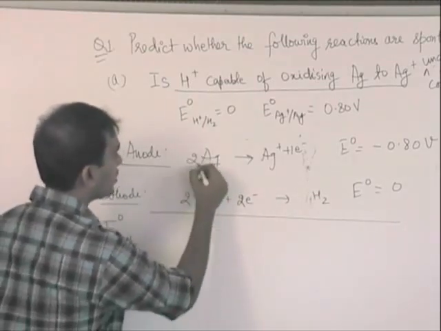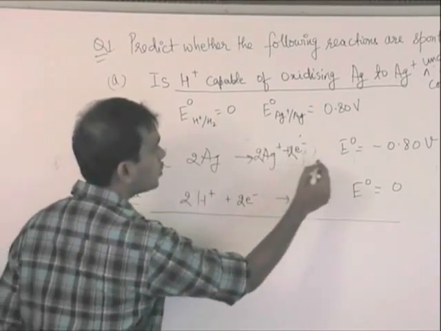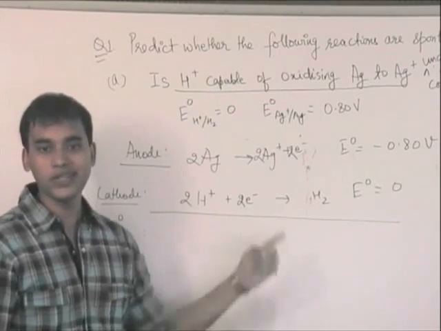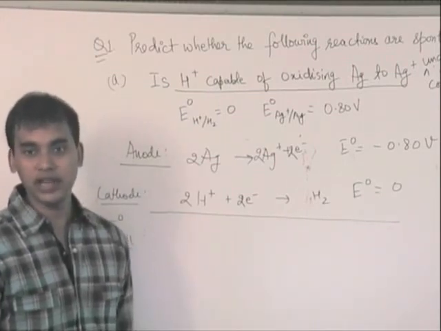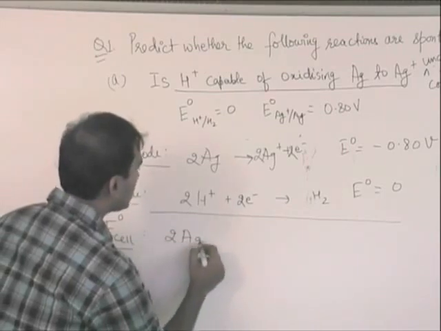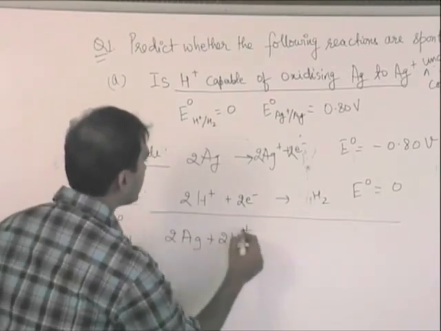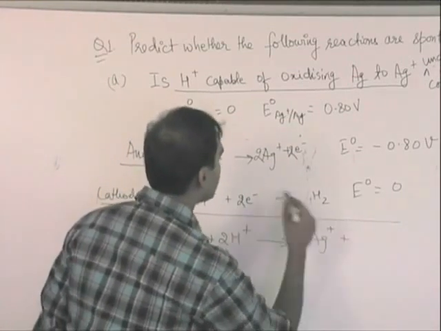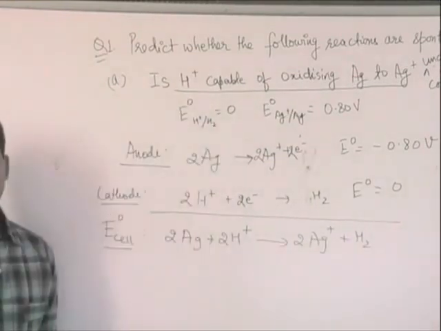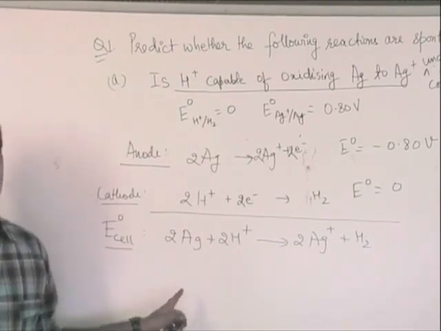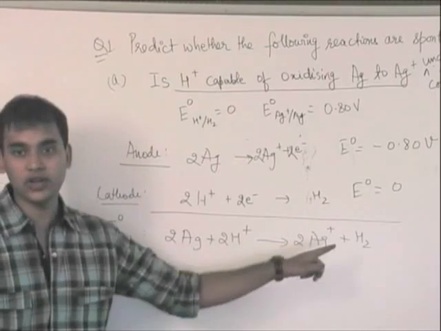Addition of these two equations, 2, 2, 2. Do I multiply E naught by 2? No, because it is a cell reaction. Clear enough? Okay. So now what I will do, 2Ag plus 2H plus gives 2Ag plus H2. This is the reaction for the cell. How do we know it is a cell reaction? Because there are no electrons here. Are there any electrons? No.